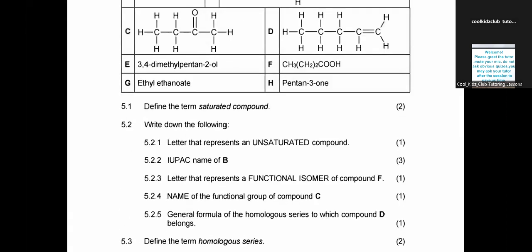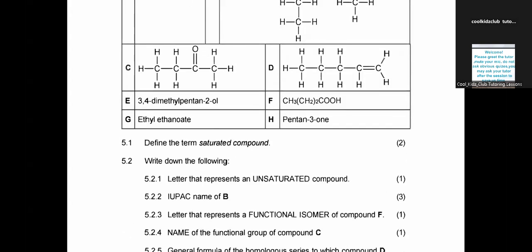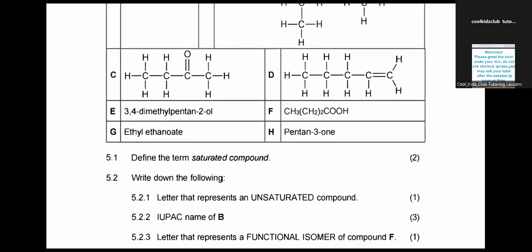Then they said, write down the letter that represents an unsaturated compound. I have just named it. But look, this one is not going to be it, because we need a double bond on the main chain.